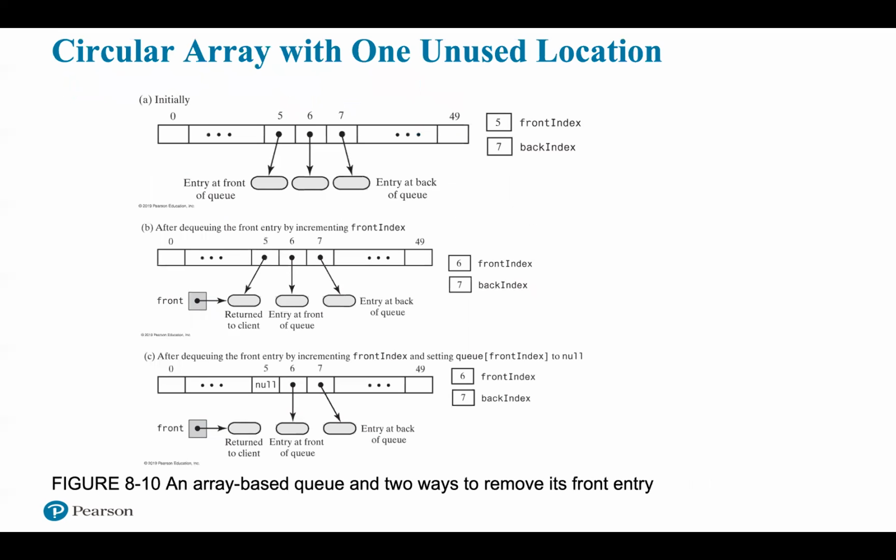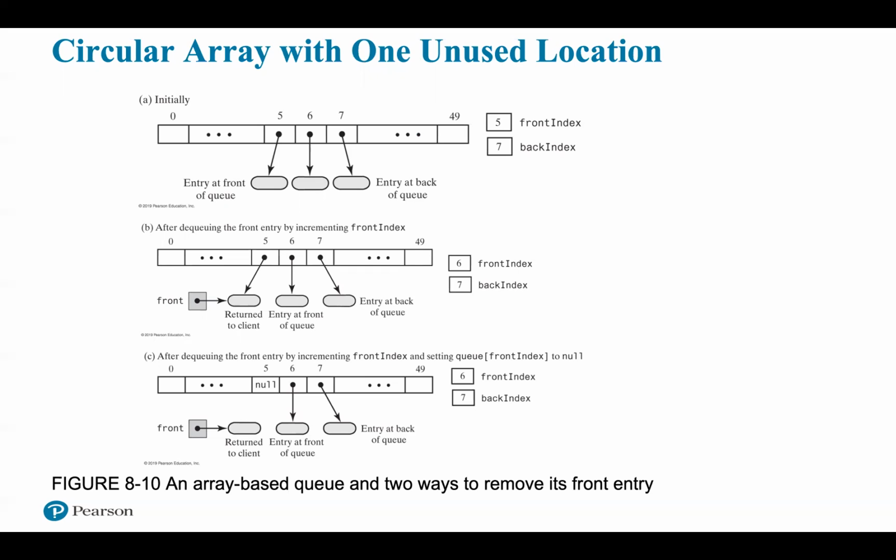So let's talk about removing the front entry. The method DQ, like get front, retrieves the entry at the front of the queue, but then it removes it. To remove the front entry of the queue shown in figure 8.10A, we could simply increment front index as figure 8.10B illustrates. This step would suffice because the other methods would behave correctly. For example, get front would return the item that Q6 references.